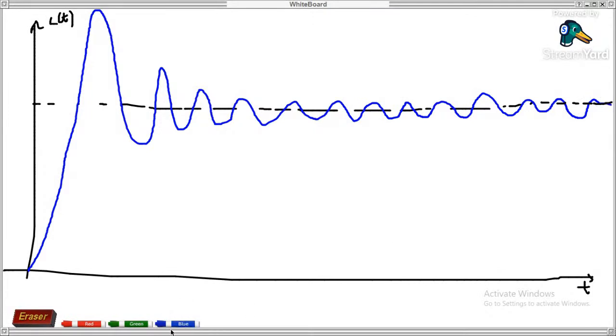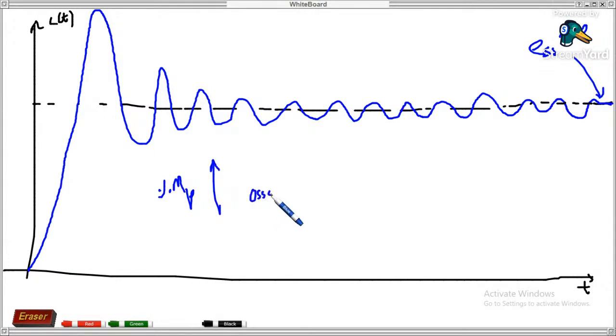बघा black line and blue line दोन्ही same आहेत. Actual output and reference input both are same, means error 0. You are getting ESS 0, right? But increased overshoot, you can observe here, overshoot gets increased, number of oscillations also gets increased, right? What about settling time?